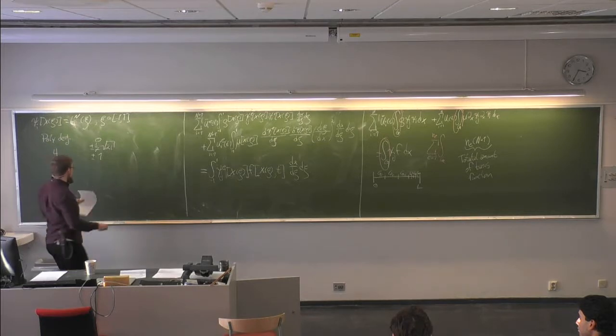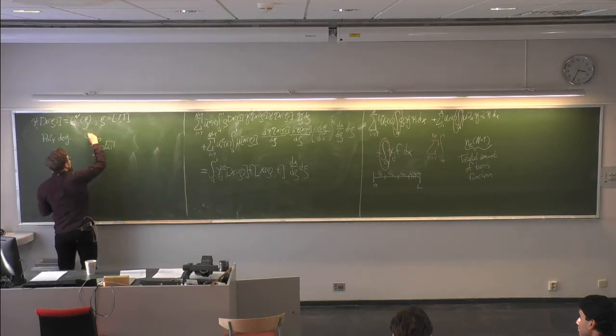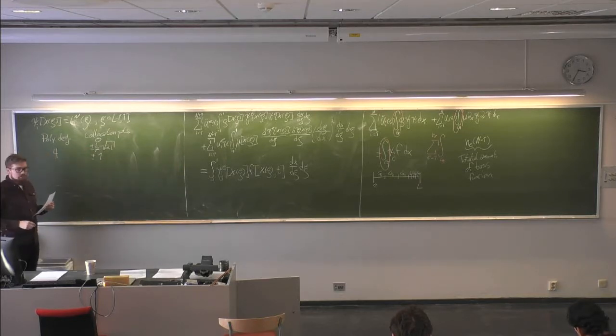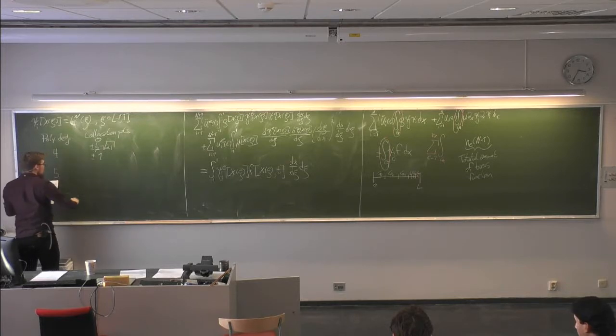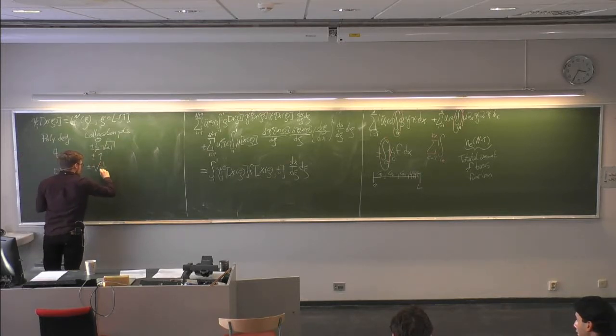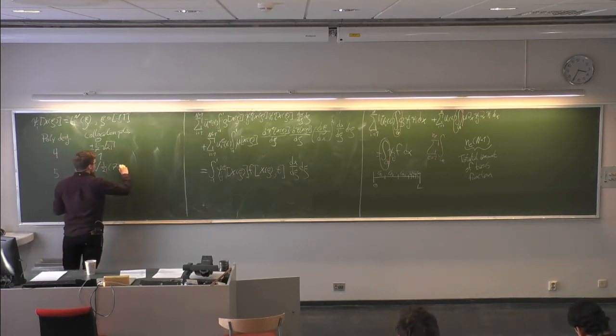Again, let's say these are collocation points. Okay. If you want a polynomial of degree 5, then you end up with plus minus. What you're doing here, you're searching for roots of some kind of polynomial.